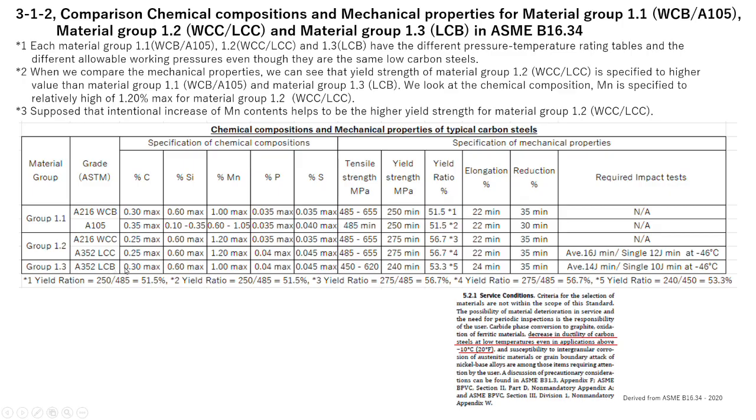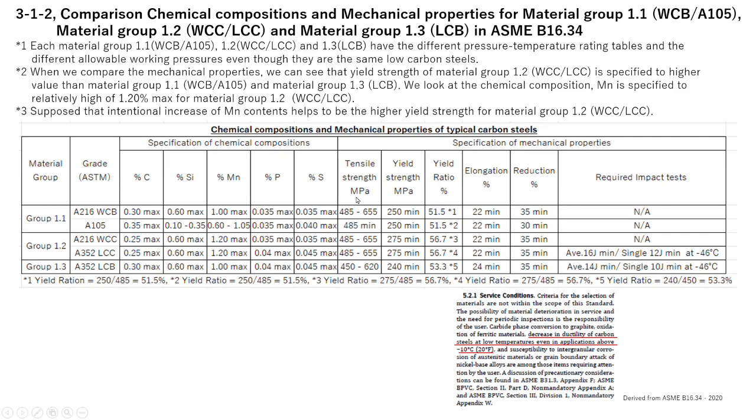LCB casting is specified at 0.30% maximum. Manganese content is around 1.0% maximum, while WCC and LCC castings have a relatively higher specified manganese content, 1.20% maximum.